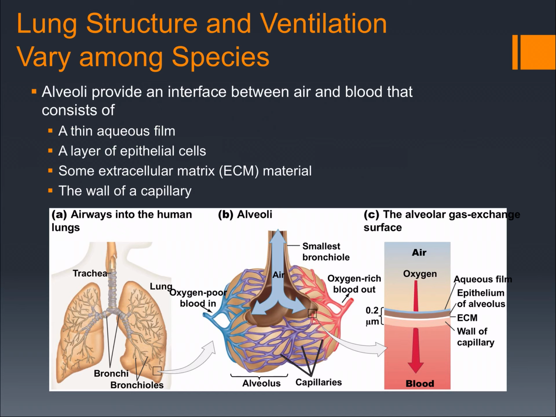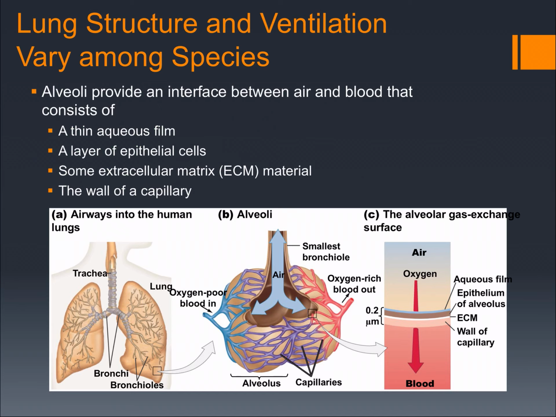Lung structure and ventilation do vary among species, but there are some commonalities among all of them. The alveoli provide the interface between the air and the blood that consists of a thin aqueous film. The alveoli have something called surfactant in them, that thin aqueous film, and it allows them to not fold and stick to themselves.